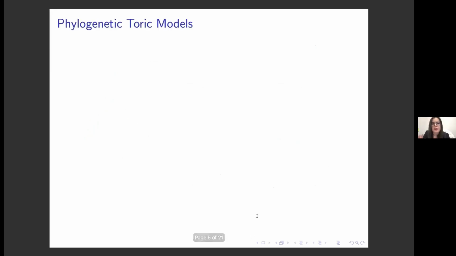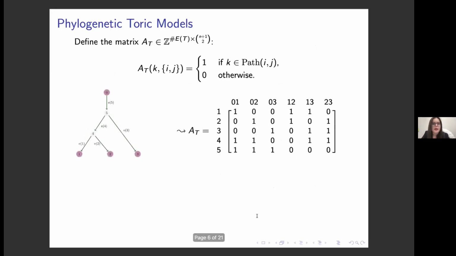So let's go more into depth on how we get these models. For the phylogenetic toric model, since this is a toric model, one way to get the model itself is by giving the vanishing ideal as the kernel of some monomial map. So let's define a matrix associated to our tree.